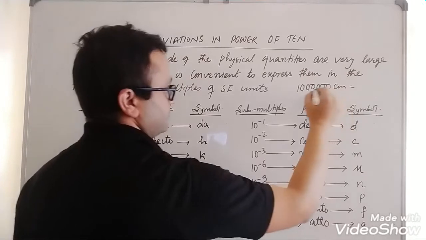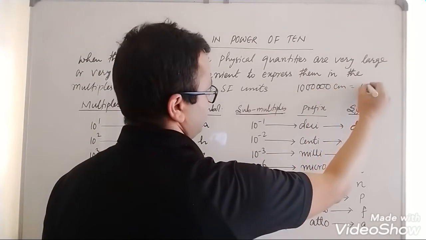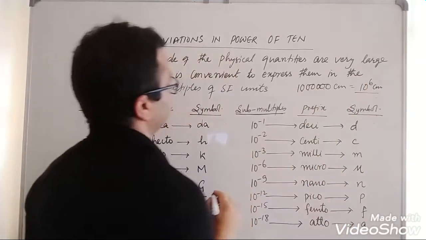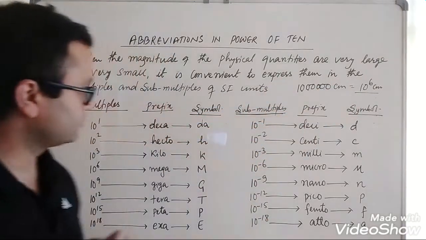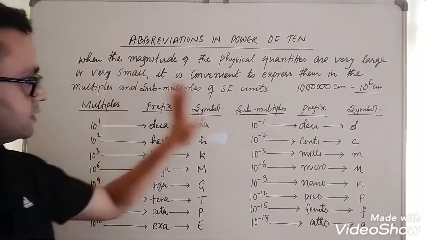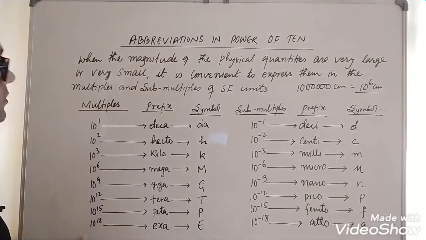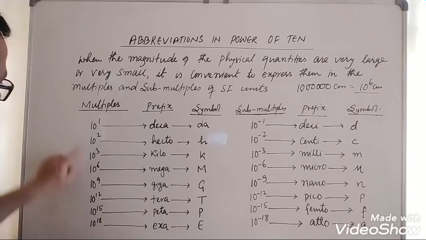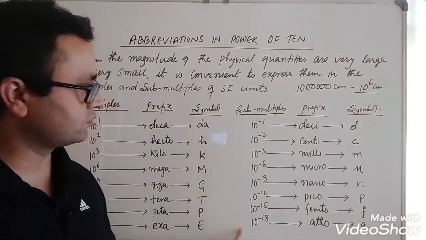We can write it as 10 to the power 6 centimeter in short form. This is the abbreviation in power of 10. There are two systems, multiples and submultiples. Multiples are bigger physical quantities, but submultiples are smaller physical quantities.